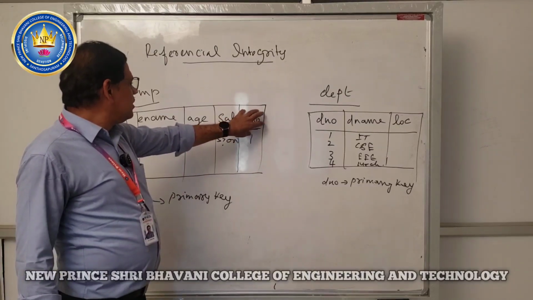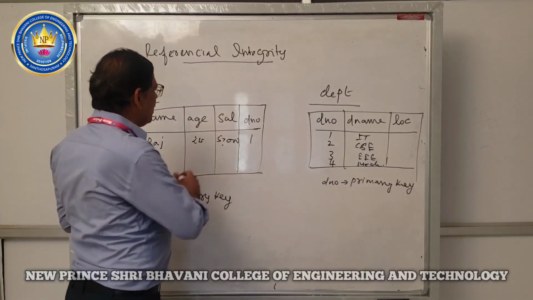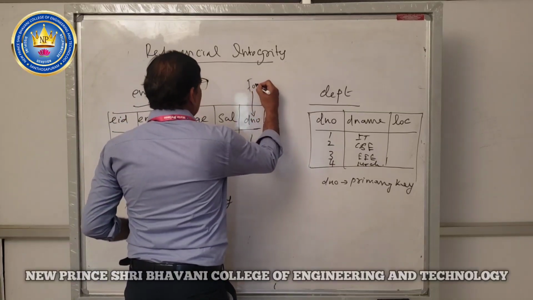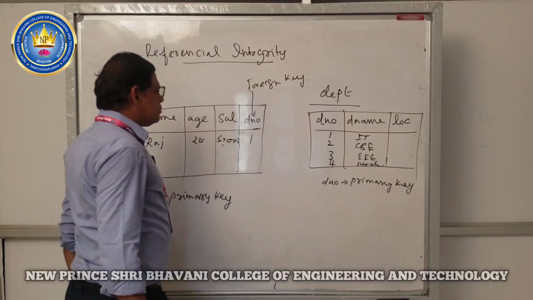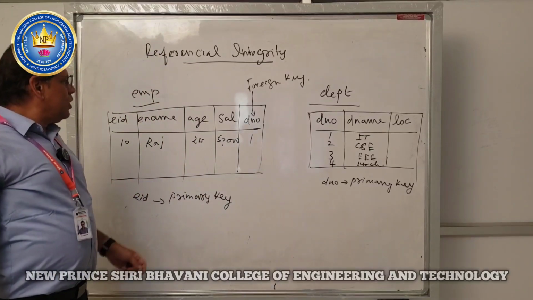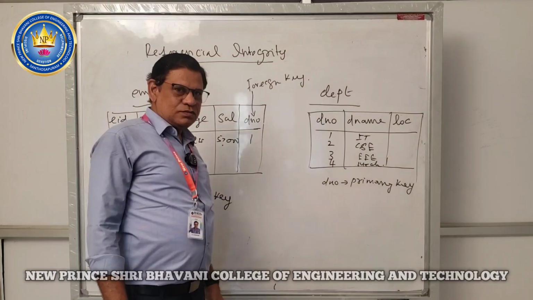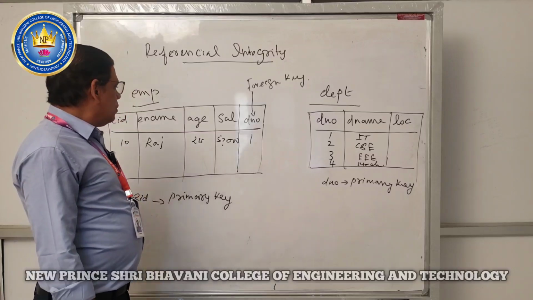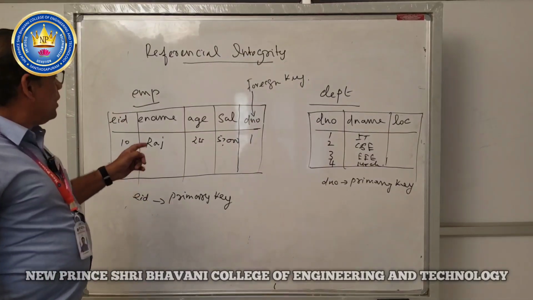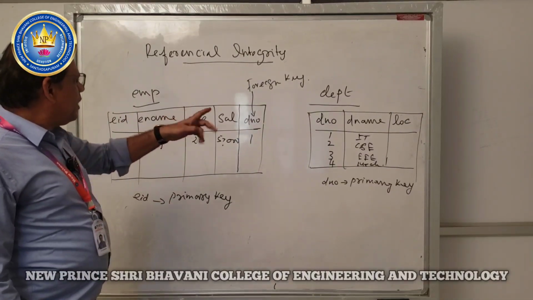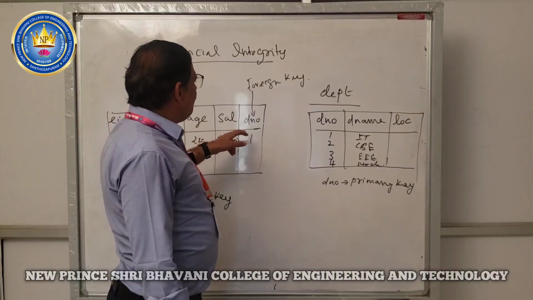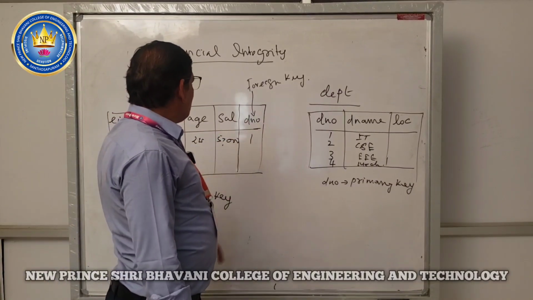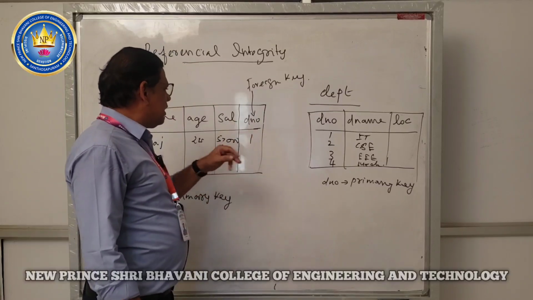As I said, initially this field is going to act as a foreign key. Department number is the common field through which we can establish the relationship between the employee and department tables.